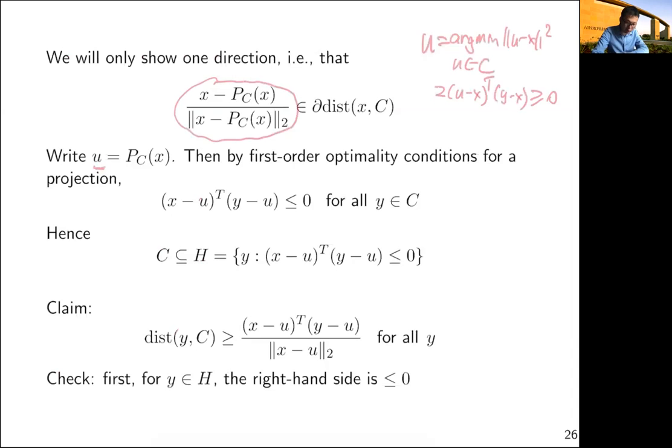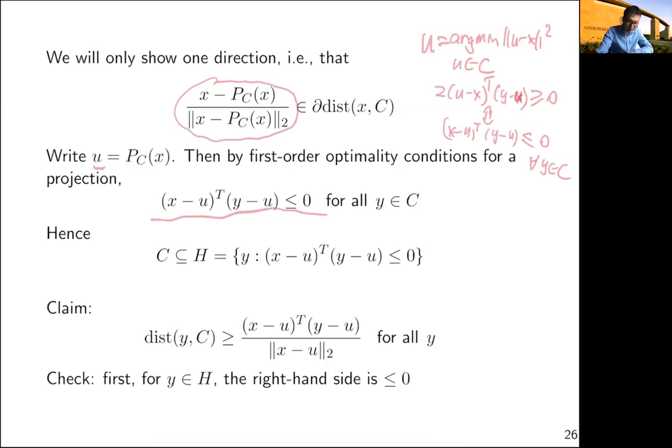Now let's multiply by -1 on both sides, and that gives us (x minus u) transpose (y minus u), sorry, since we're talking about u, right? And x is an input, so this is the first order optimality condition. This is smaller or equal to 0 for any y inside the convex set C. Okay, that gives us this.